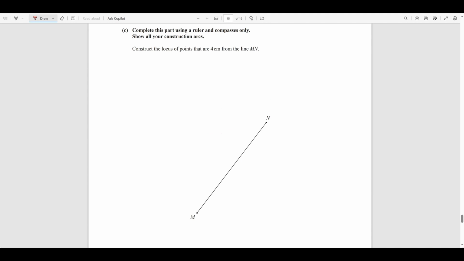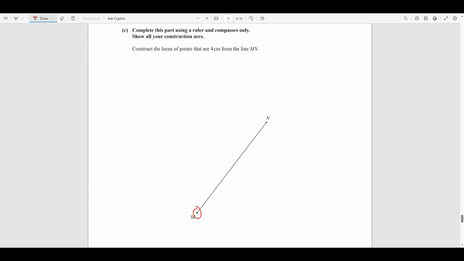What you need to do is draw a line equal to the length of the line MN, such that the distance between these two lines is 4 centimeters. How will you do it practically? I don't have these things with me here, but at least I can tell you how this is done. First, pick two points on the line MN. Let's take M and N only.